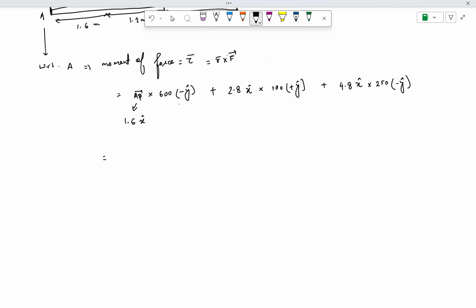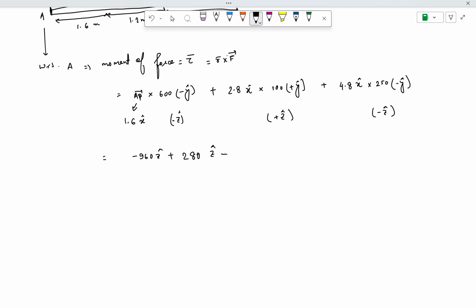So the first case is x cap cross minus y cap, sorry, this is effectively minus z cap. Then this is x cap cross y cap, which is plus z cap, and the third one is again x cap cross minus y cap, which is minus z. So the first case gives 1.6 into 600, which is minus 960 z cap, plus 2.8 into 100, which is plus 280 z cap.